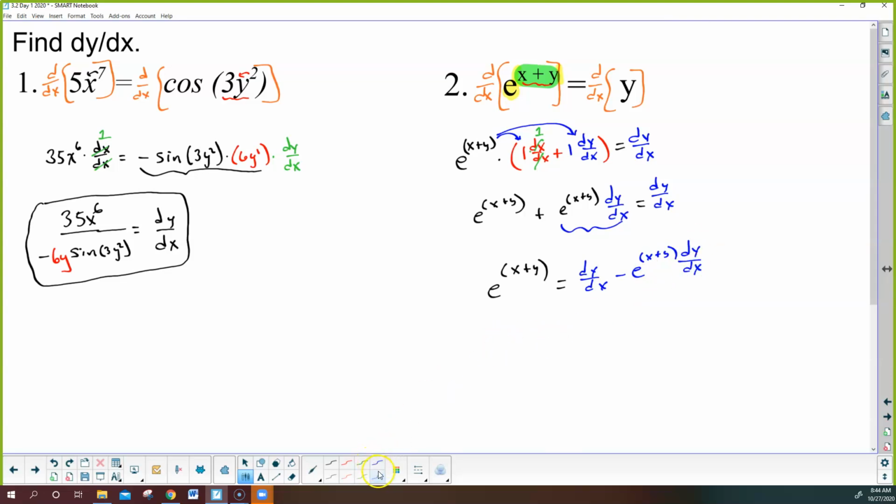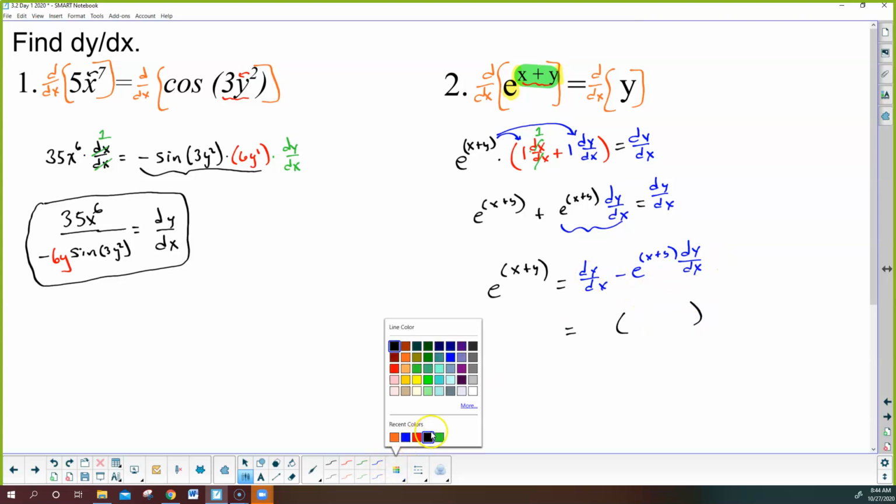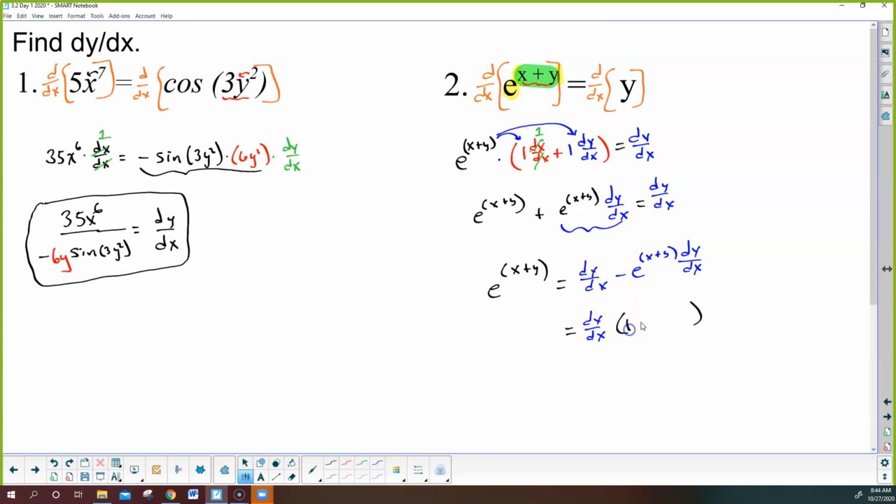All right. So now my goal is to get the dy/dx by itself. Well, the only way to do that is to factor. What do these two pieces have in common? They both have a dy/dx. So I'm going to pull out a factor of dy/dx from each piece. And what's left over is, if I take a dy/dx away from dy/dx, there's a 1.